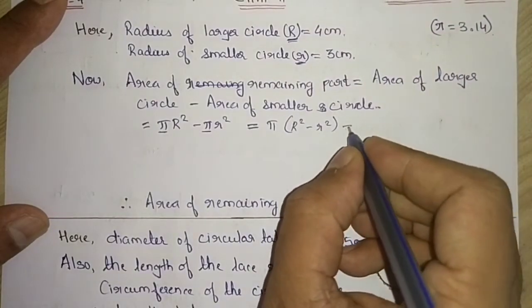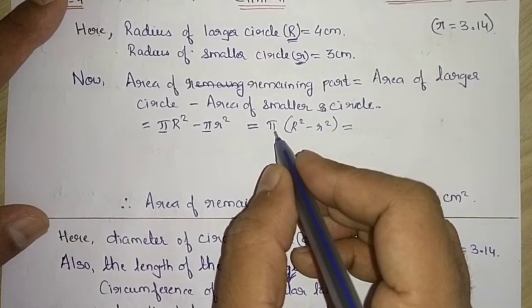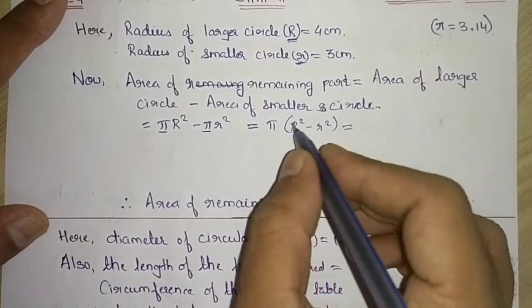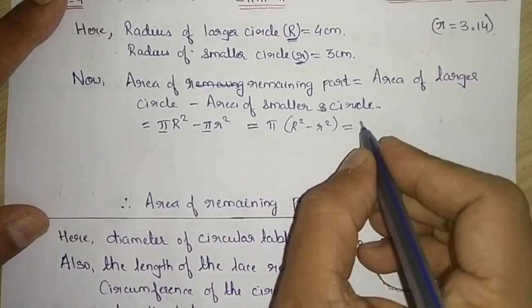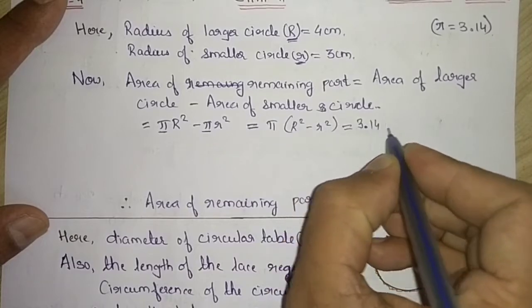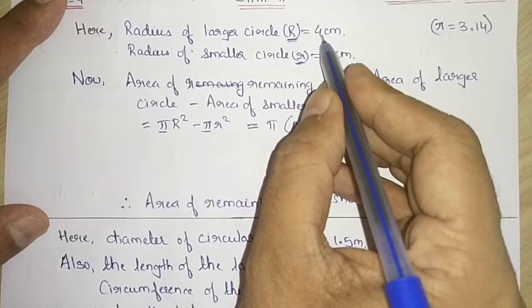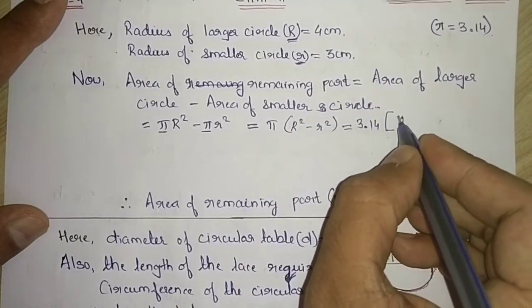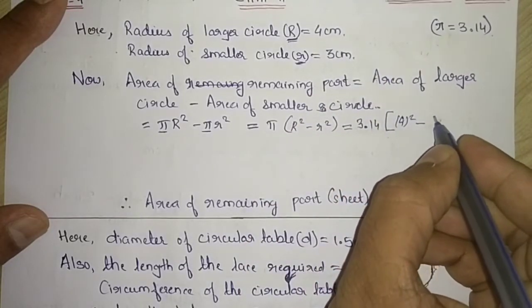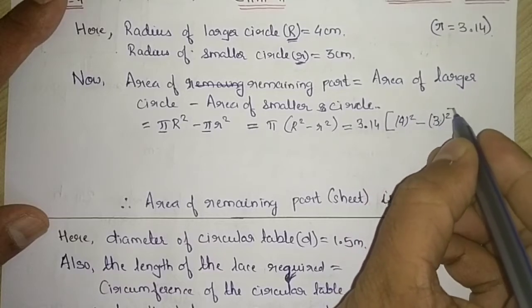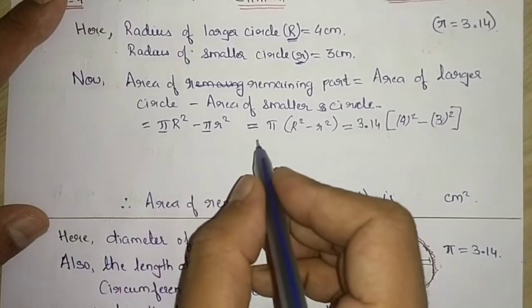Now we will start placing the measures. Pi they have given as 3.14, so I have written 3.14 inside the bracket, and capital R is 4, so 4 square minus 3 square.